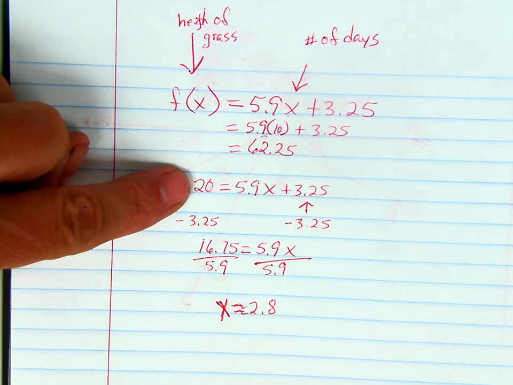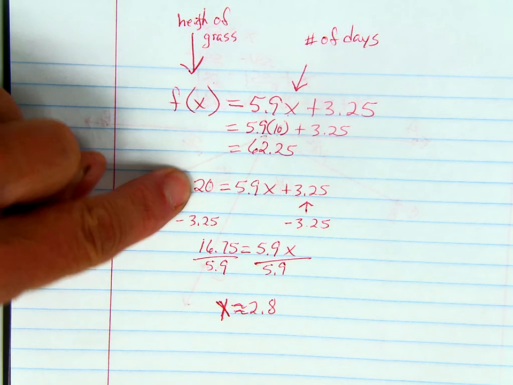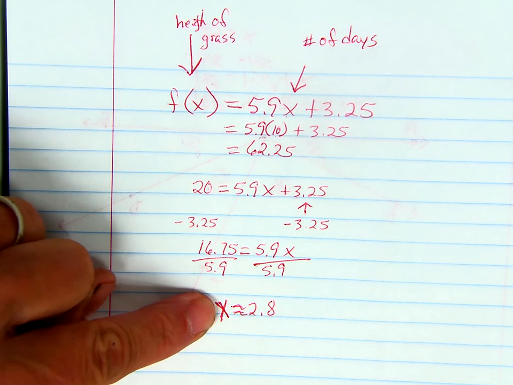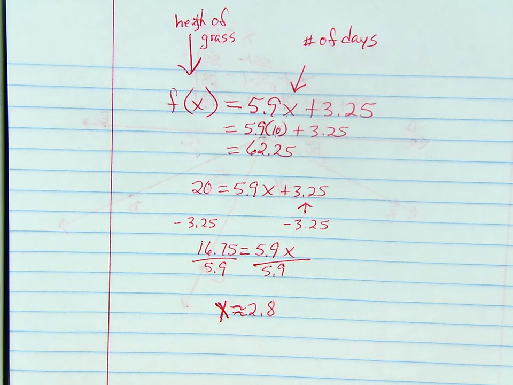And that's what we did right here. The grass is 20 inches high, so how many days did it take for it to grow to be 20 inches? In that case, we substituted 20 for the y, we solved for x. Which Tristan was so graciously able to point out. X.